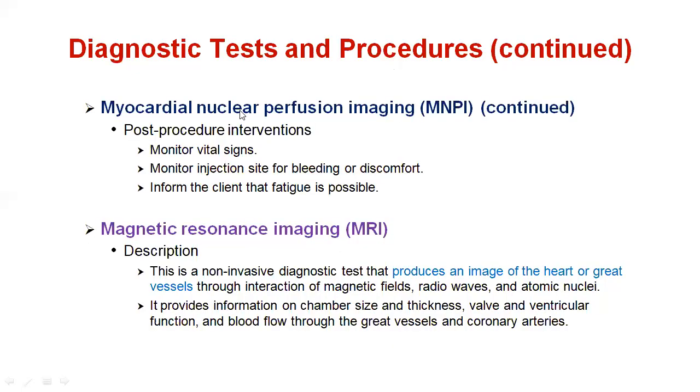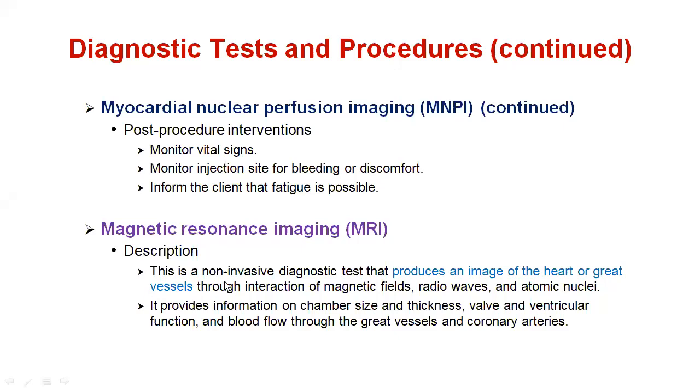Another diagnostic test we use is magnetic resonance imaging, shortly called MRI, right? When you tell your patient about this, it is very important for pre-procedure teaching. First of all, let me see what it says here.